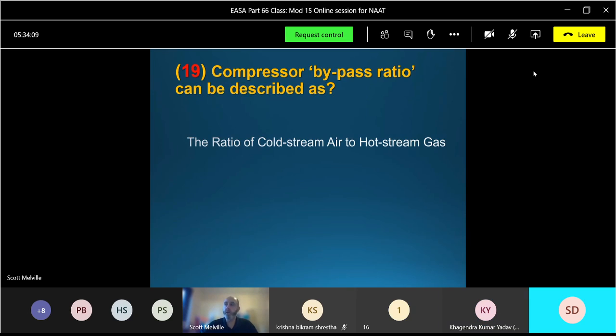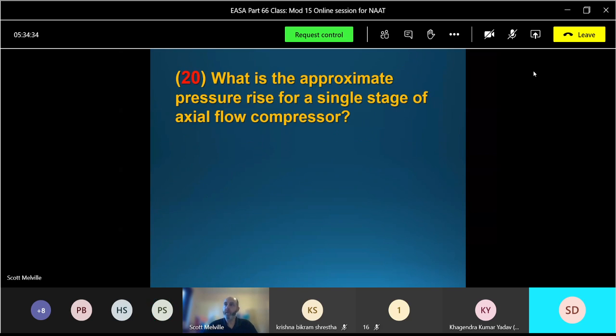So the ratio of the cold stream air, which drives main thrust from the big fan, to the hot stream, which is your core air. So the bigger the ratio, that means there's more cold air than hot air. Now, low bypass is about 1 to 1, maybe 2 to 1. But the high bypass is 5 to 1, 6 to 1 now, even sometimes 10 to 1. So large amounts of cold air.